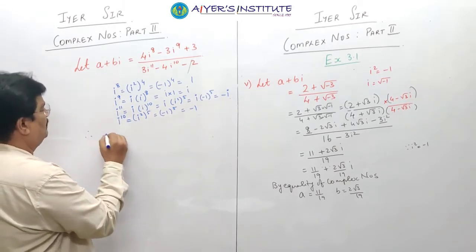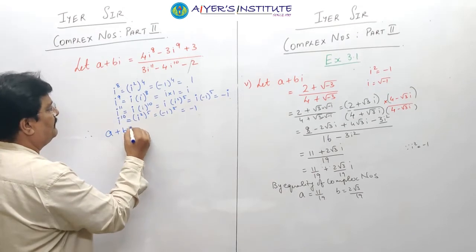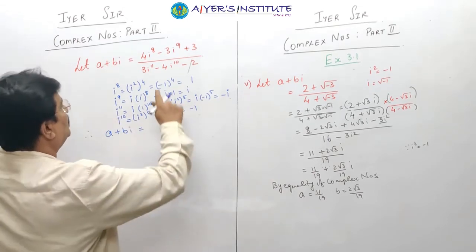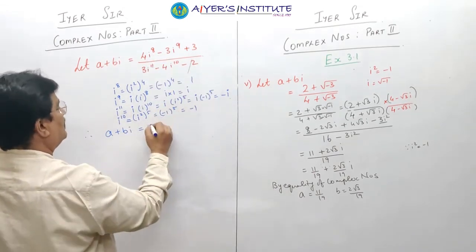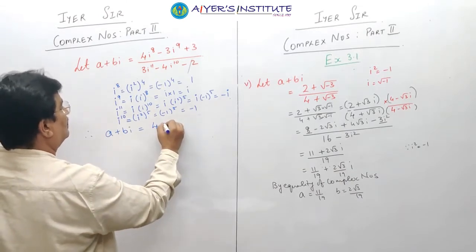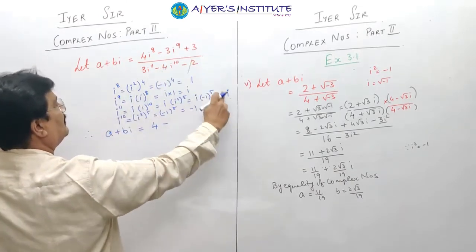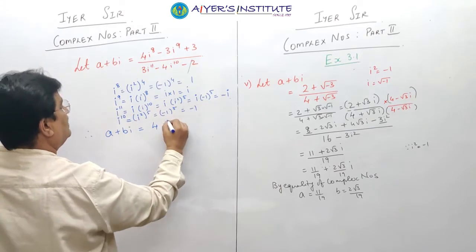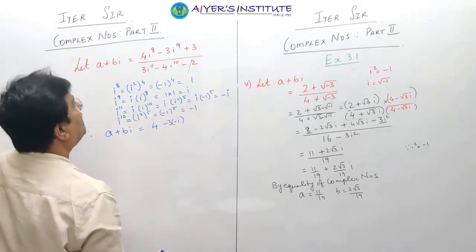Therefore, a plus bi is equal to, for i raised to 8 we write 1, 4 minus, for i raised to 9 we have i, so minus 3 into i, plus 3.